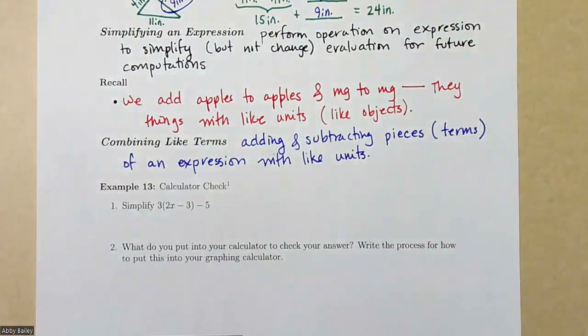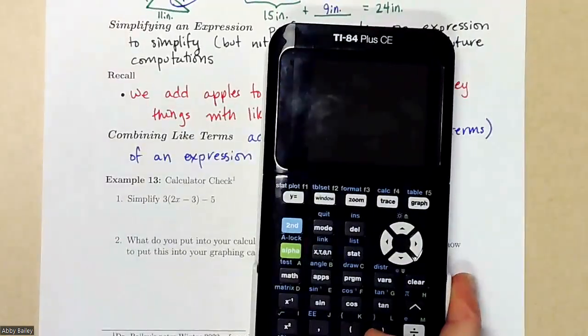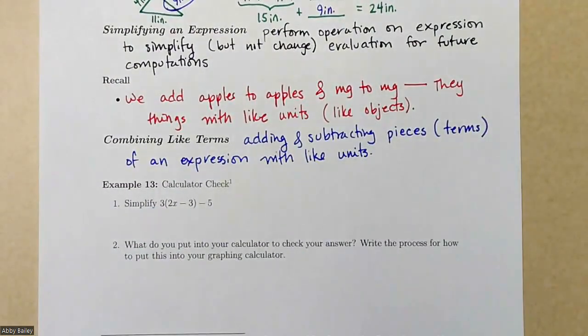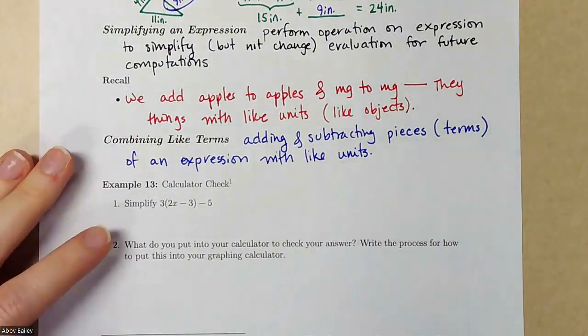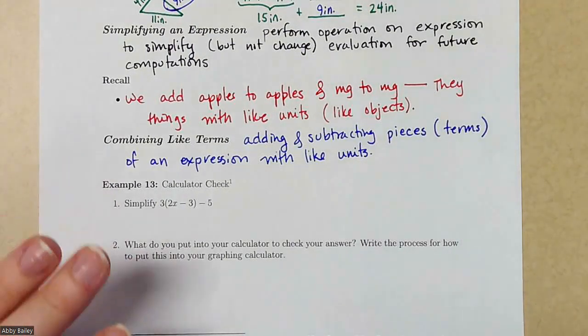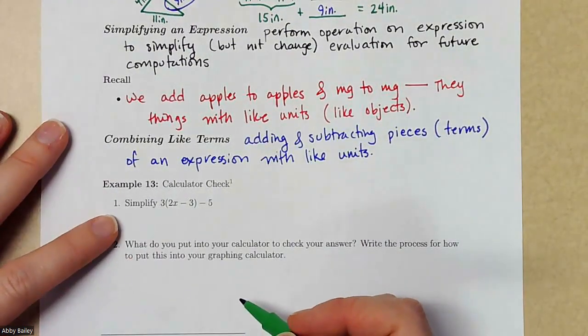So let's look at this next example. I've got to get my calculator out. It says calculator check. Simplify 3 times the quantity 2x minus 3, and then minus 5.